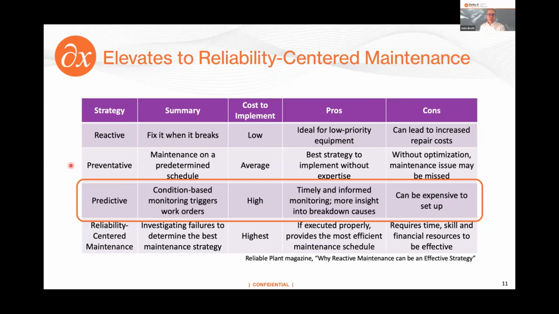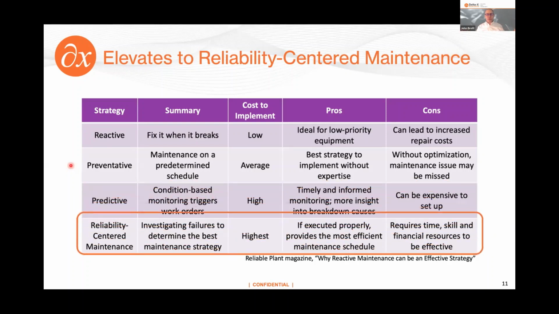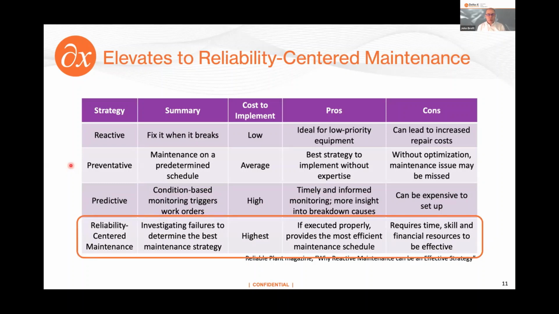But being able to tie your gassing behavior to transformer failures actually elevates your DGA program to a reliability-centered maintenance program, which gives you the most efficient maintenance schedule, as we just showed, and allows you to get the most out of your fleet with the precious resources you have.